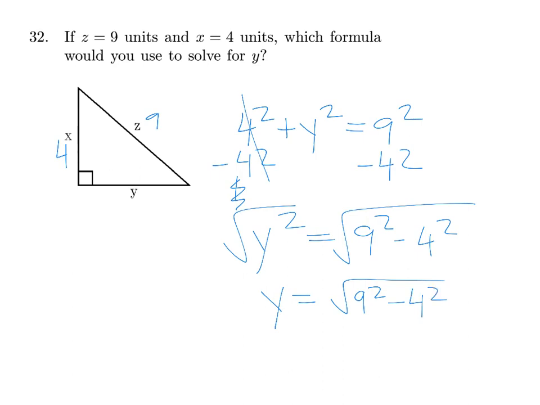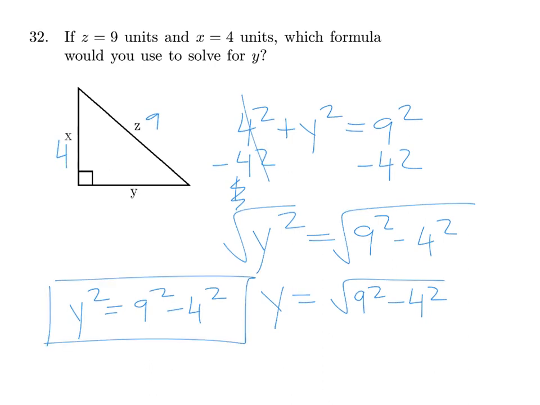That's number 32. And for the answer, they left it like this. So a little odd, but as long as you're doing the math correctly, everything should line up fine. They don't want you to solve for Y. They just want you to find the equation that allows you to solve for Y. All right, moving on to the next problem.